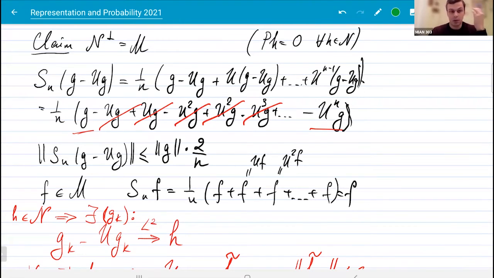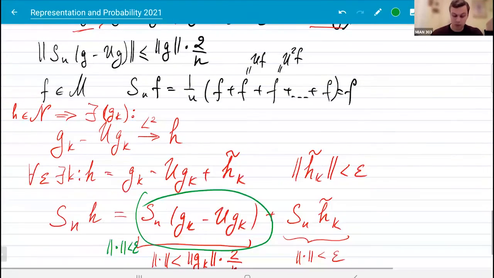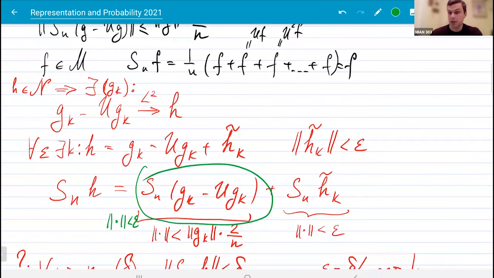And for the complement, we first prove that for the elements of the form G minus UG, you have convergence to 0. And then you prove that for limits, that is for the closure, you also have this convergence to 0. And that's it.